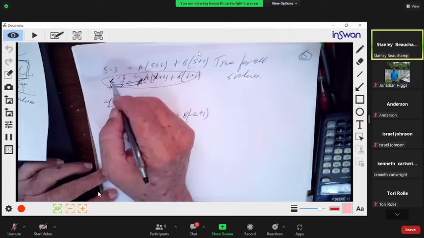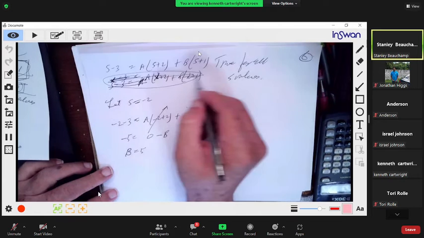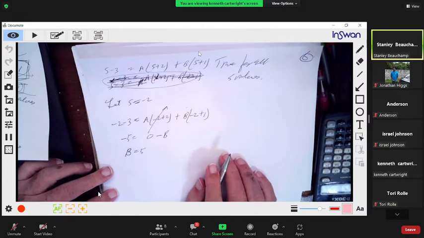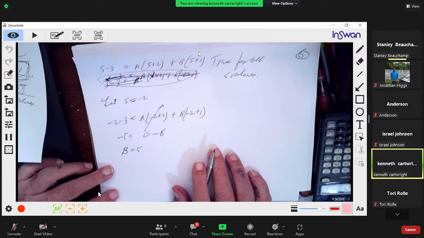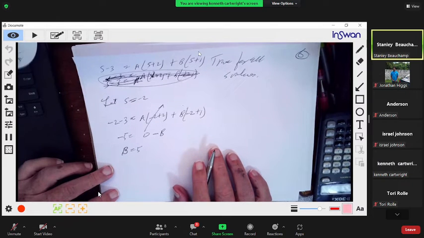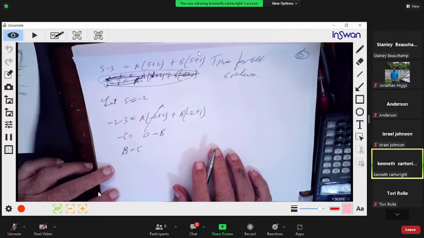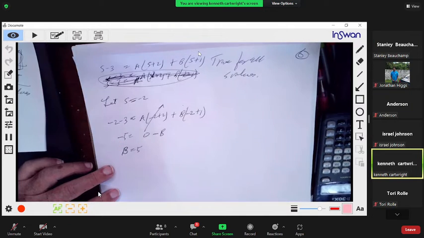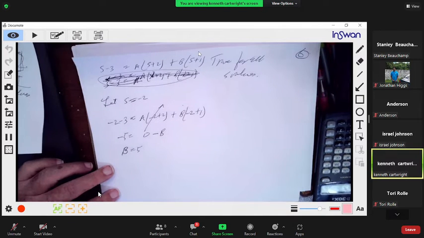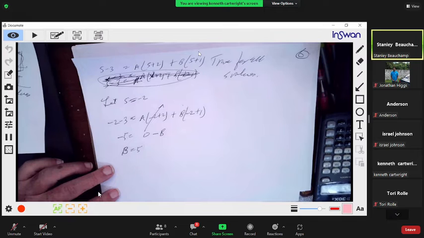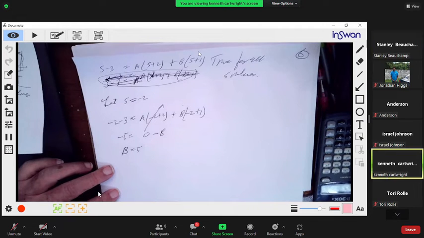I see you said s equals -2. Since it's true for all values, I could use any s value and get the same answer. Well, not as quickly. Did you see that my choice of s equals -2 made A disappear?